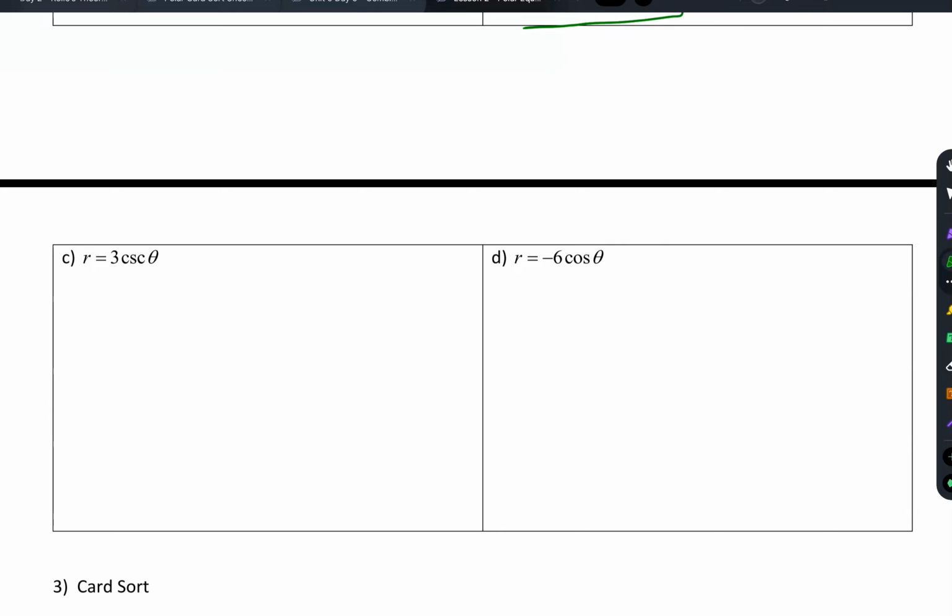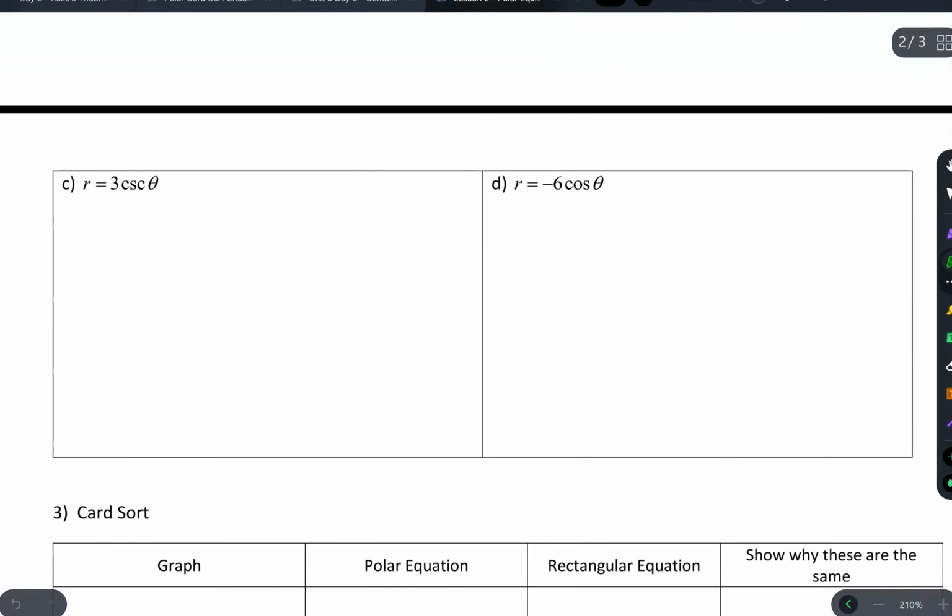Okay, so I've got r equals 3 times cosecant of theta. Well, what is cosecant of theta? So cosecant of theta is the same thing as 1 over sine.